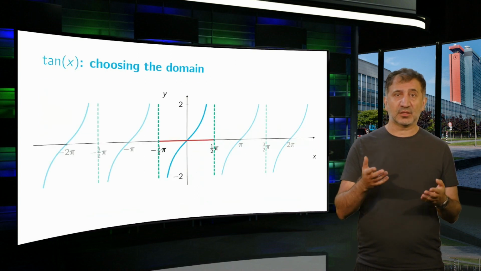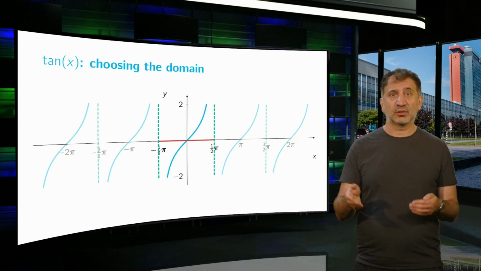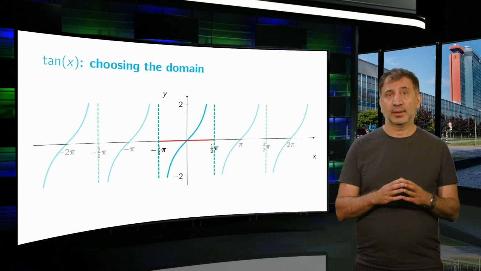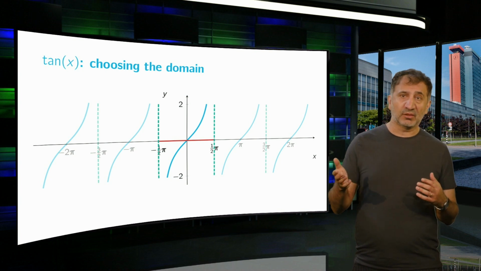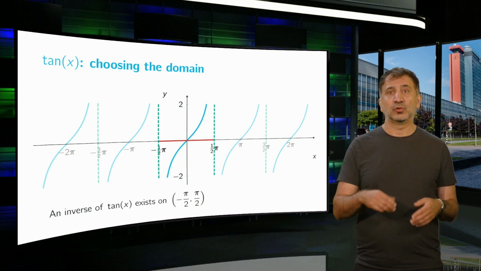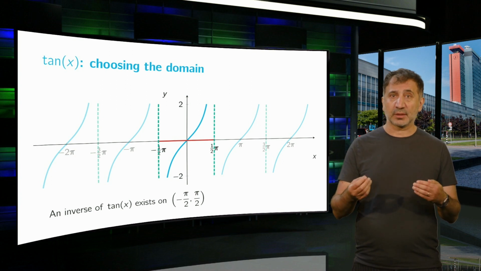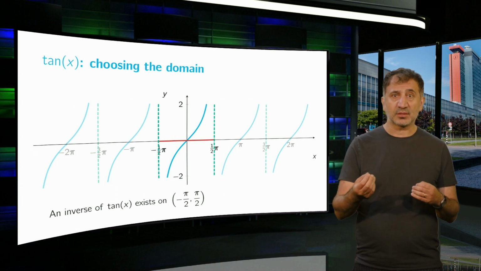Now let us take a look at the graph of the tangent. You see that the tangent function is not defined at odd multiples of π/2 and that it is a periodic function. So the open interval from -π/2 to +π/2 is convenient for the domain to consider. This domain is different from the domain of the sine.